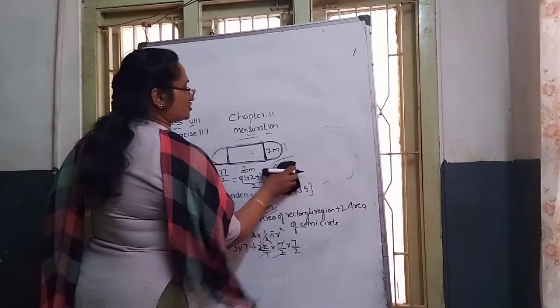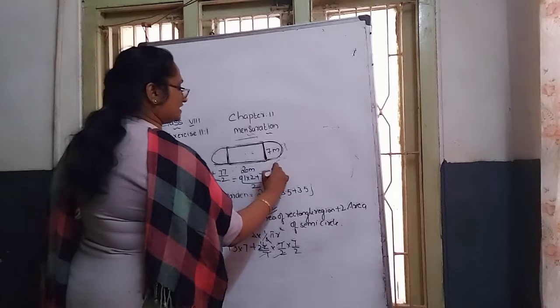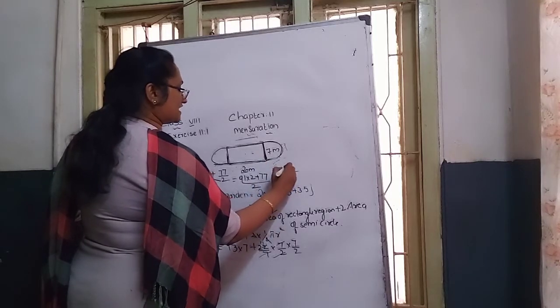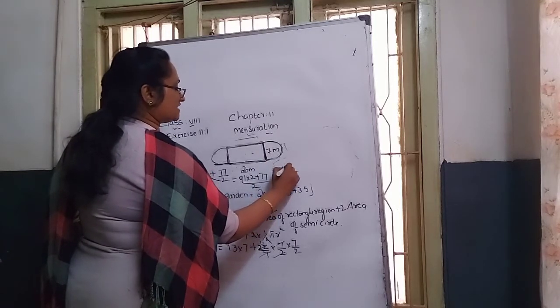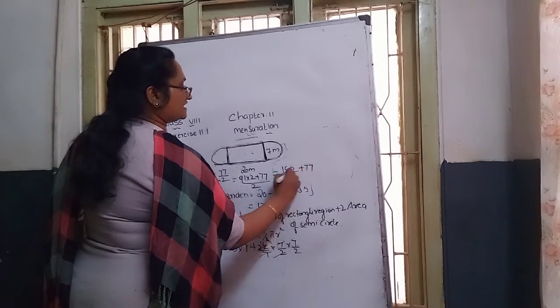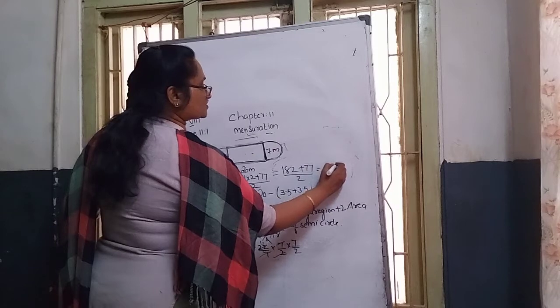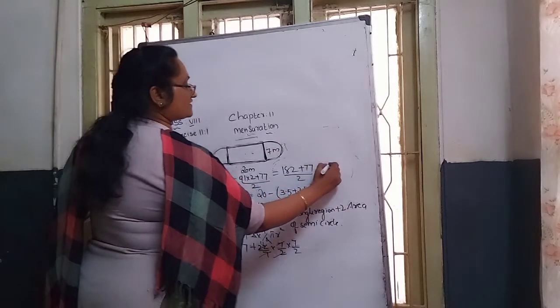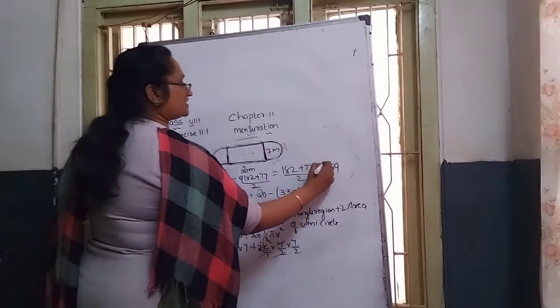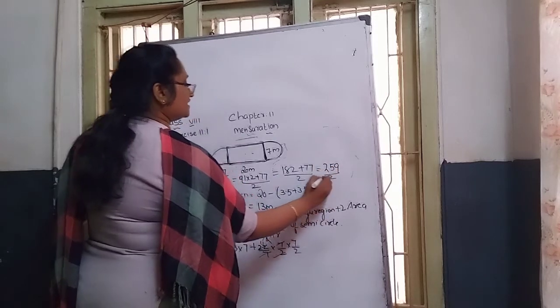Multiply 91 into 2, which comes to 182, plus 77 divided by 2. Adding the numerator part gives 259 divided by 2.